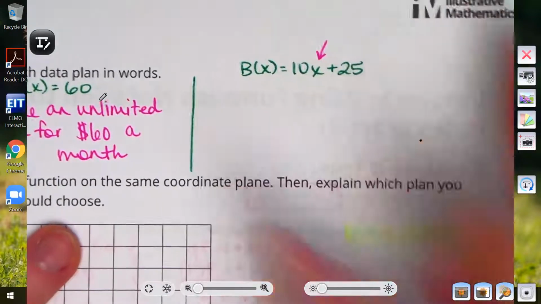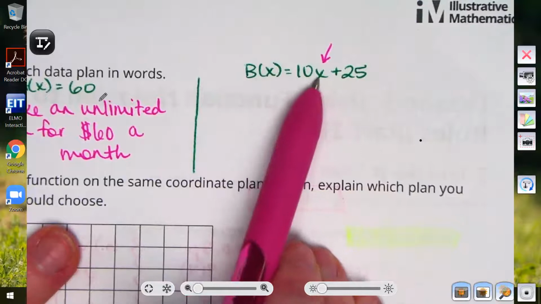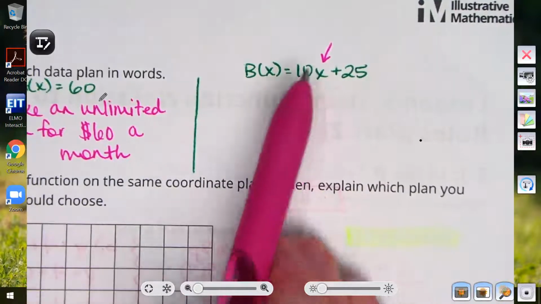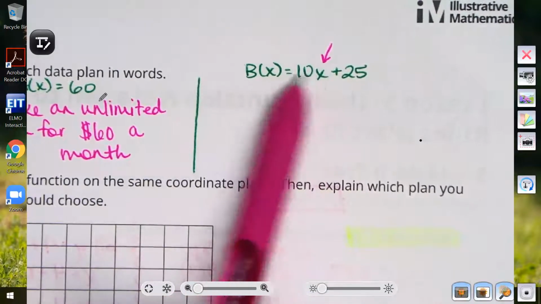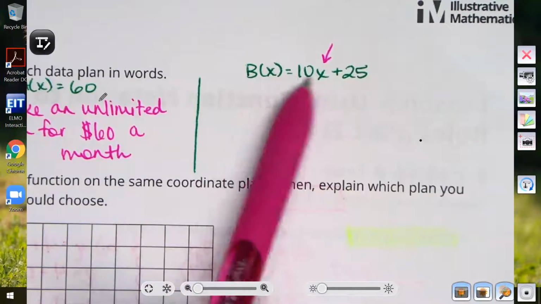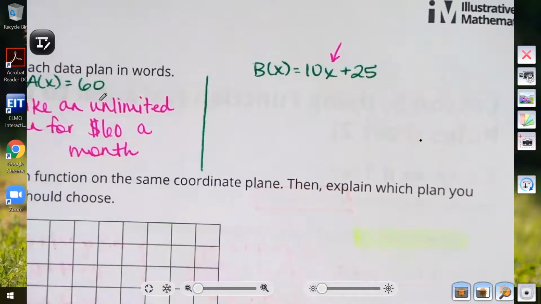Okay, so what's it look like is gonna happen for every gigabyte she or he goes over? What operation is happening right here? By what? 10. So for every 1 gig she goes over, how much money is being added to her bill?